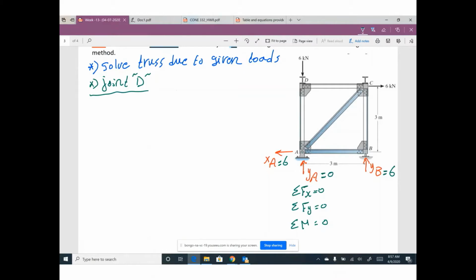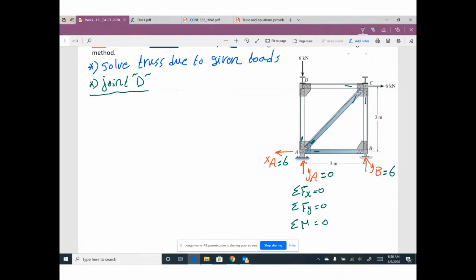For example, I cannot start with joint A, because I have 1, 2, 3 members, all of them unknowns. That means I cannot start, because a joint can only solve for 2 unknowns. I cannot start with joint C because we have 1, 2, 3 members. Actually, I can start with joint D or joint B. Both of them I can start with.